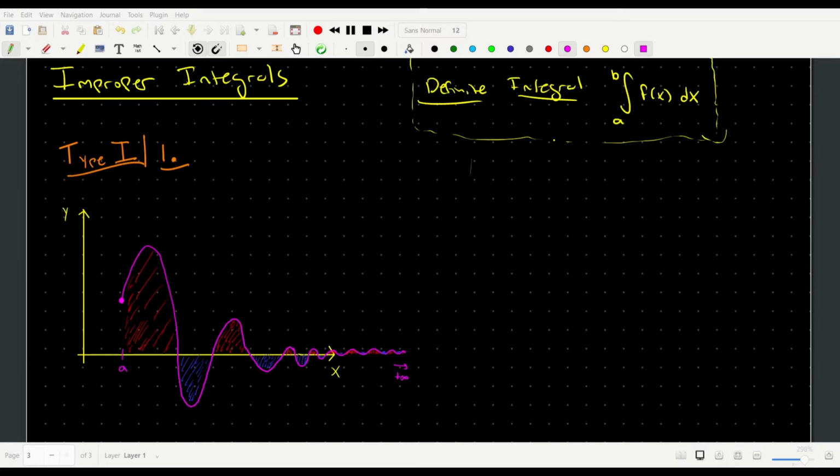I started with the first subtype in my drawing above, and this is the subtype where the upper bound b extends to positive infinity. So we're getting the accumulation of the function over the interval from a to positive infinity.